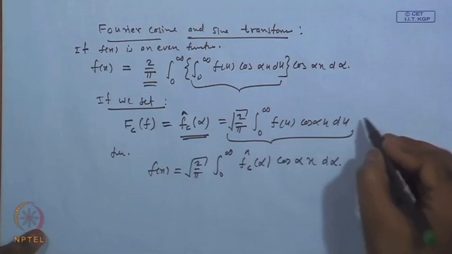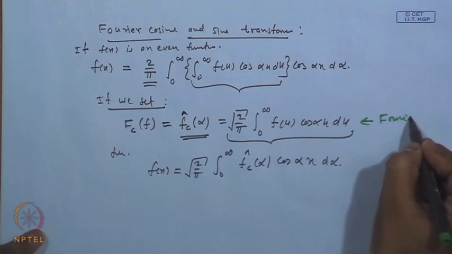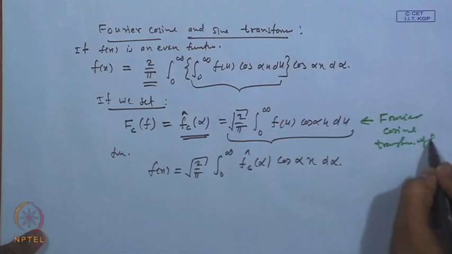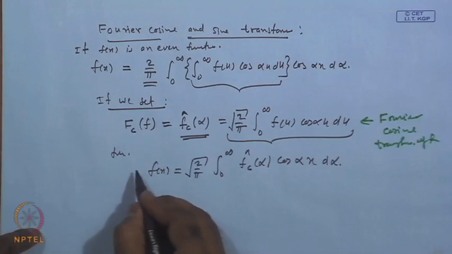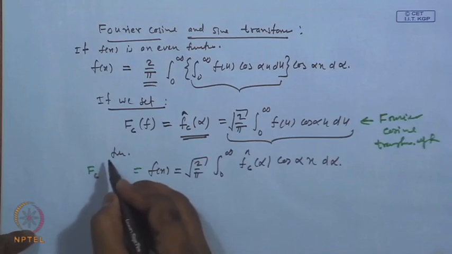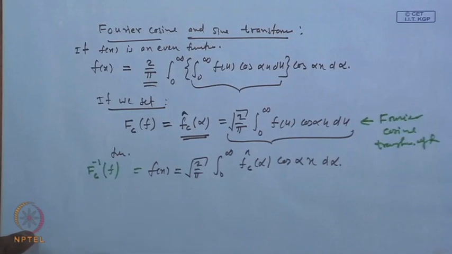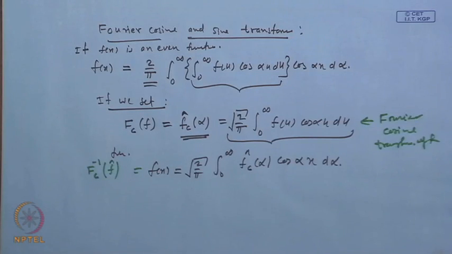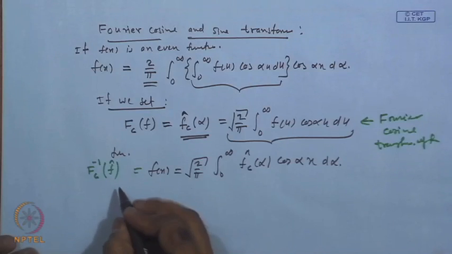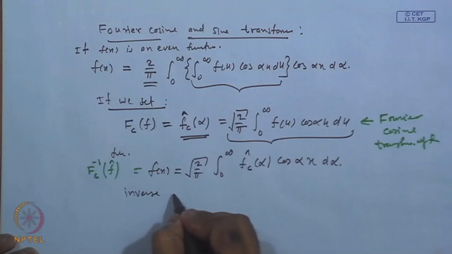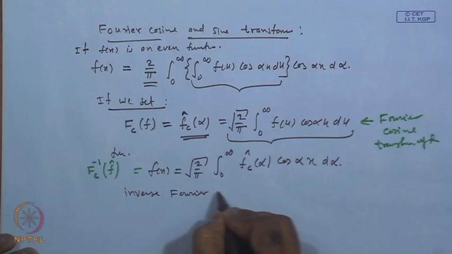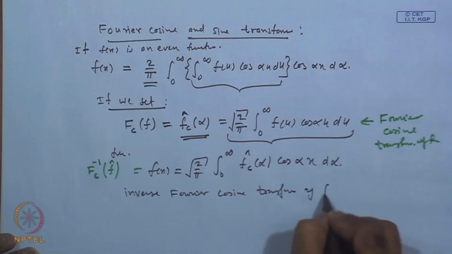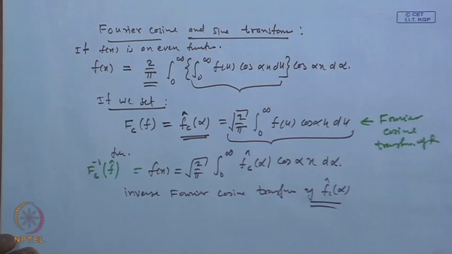So, this is called the Fourier cosine transform of f, and this here we can also write as f cosine inverse of this f hat c alpha. So, this is called the inverse Fourier cosine transform of f c alpha.